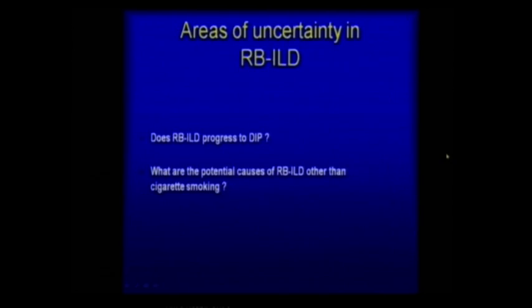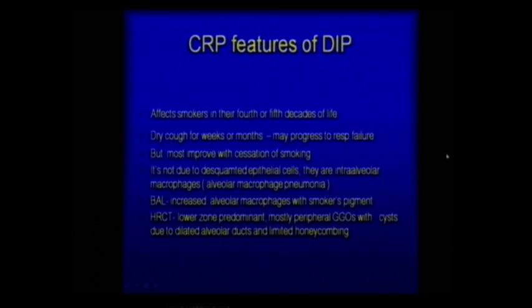Whereas the same thing, if you go beyond, I am not talking much about RB-ILD because they don't come much under our diagnostic dilemmas. But if you go to DIP, this is also affecting smokers, but smokers in the 4th or 5th decades of life, and they might progress to respiratory failure, unlike the previous entity which is somewhat self-limiting.